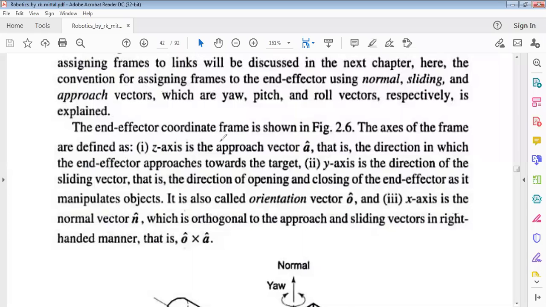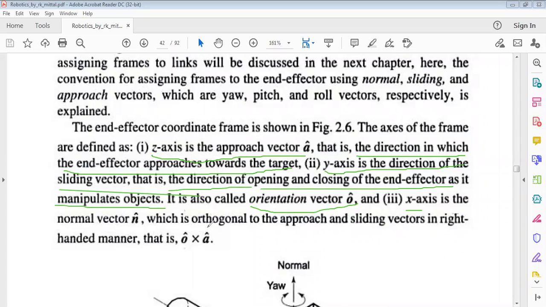Let us read this paragraph. The z-axis is the approach vector, which is the direction in which the end effector approaches the target or object. The y-axis is the direction of the sliding vector, or also the orientation vector O. In this direction, the end effector can open and close its fingers as it manipulates or picks the object.